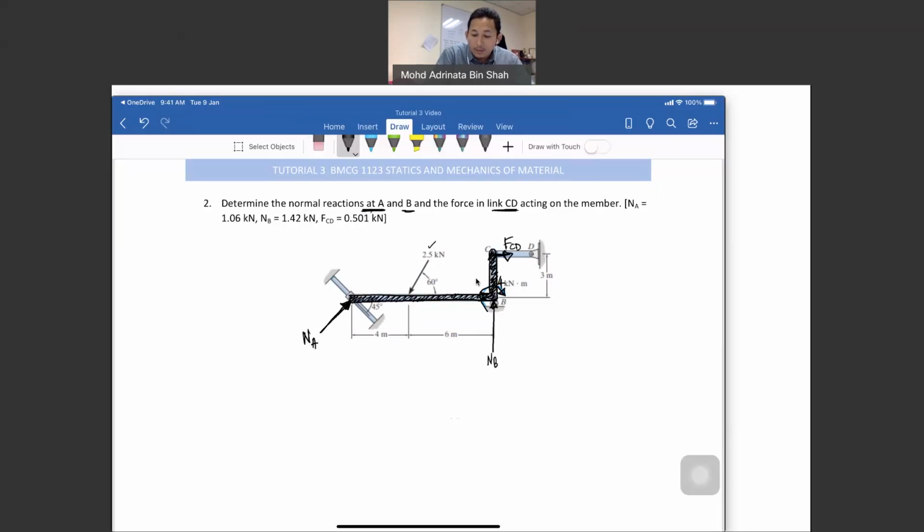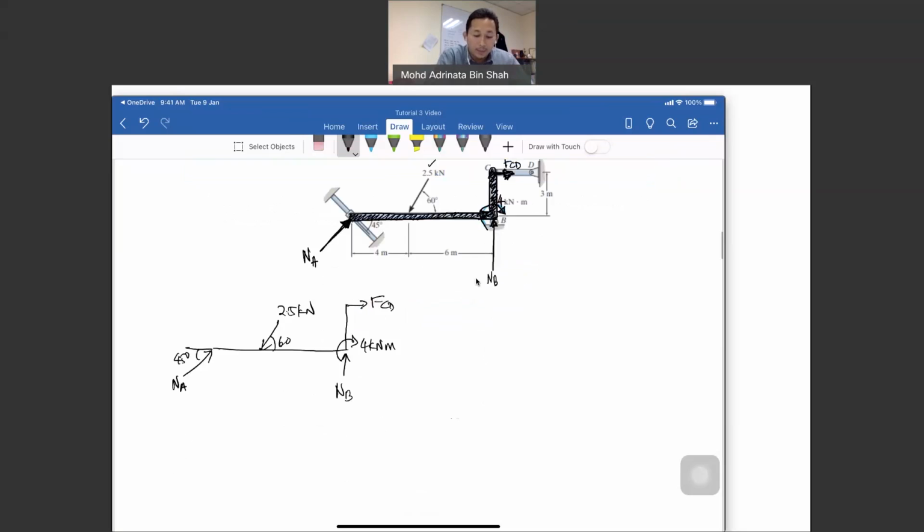Okay. So that is our free body diagram. We have this FCD, we have NB, and we have 4 kilonewton meter, and 62.5 kilonewton at 45 degree normal to A. Okay, this is our free body diagram.